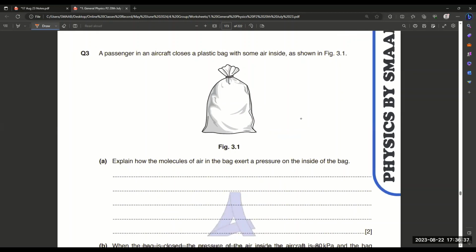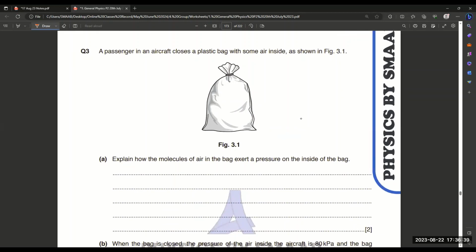You can see again, question number 3. They are asking the same question again.